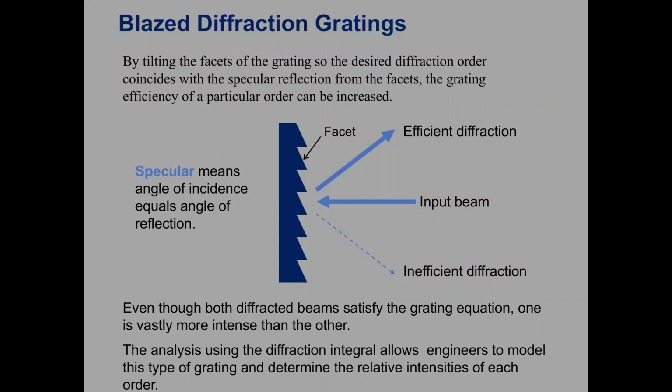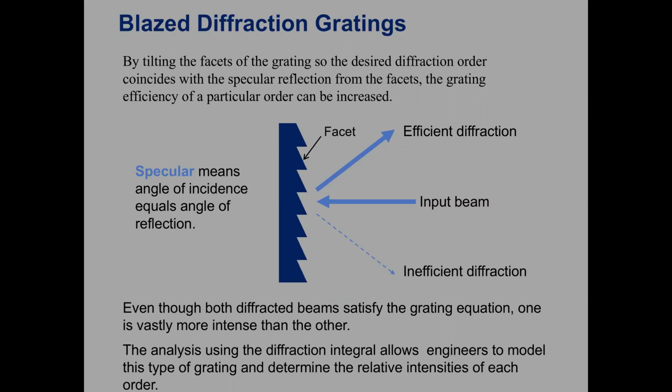Given the input direction of the light beam, the light's going to hit each different sawtooth mirror at a slightly different angle, bounce off at a slightly different angle, and end up giving a diffraction pattern. Each different sawtooth mirror acts like one of the slits in our diffraction grating.